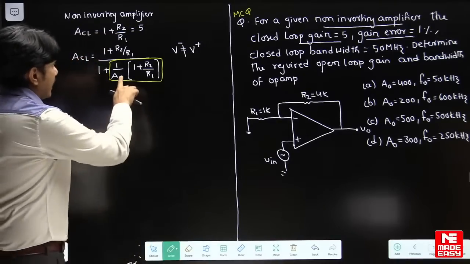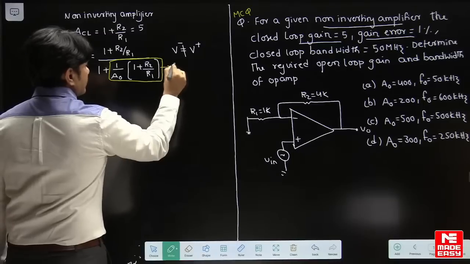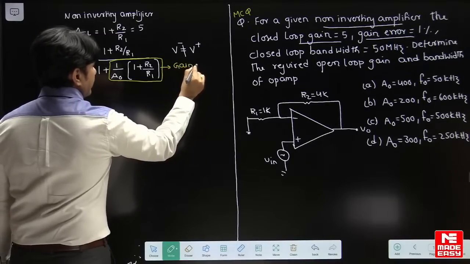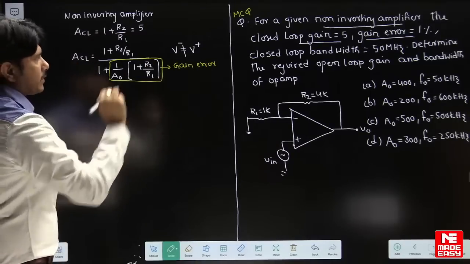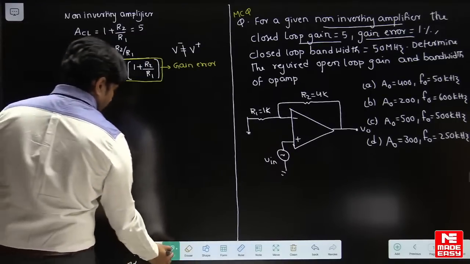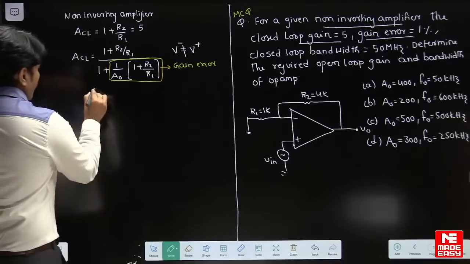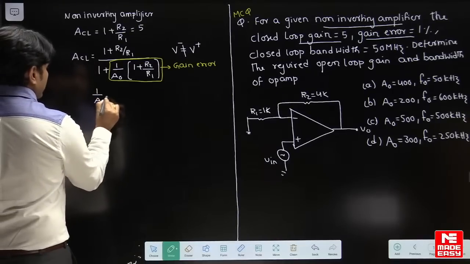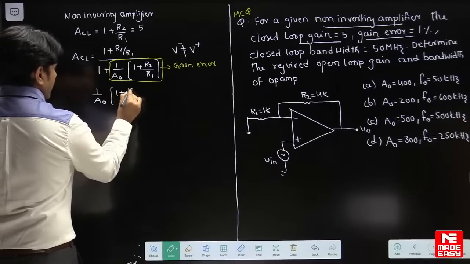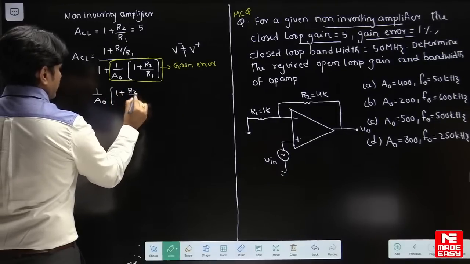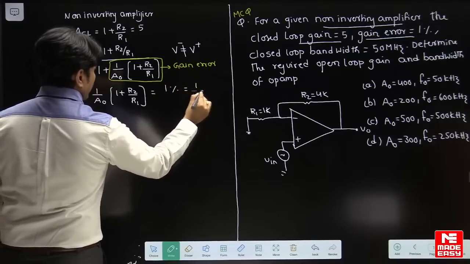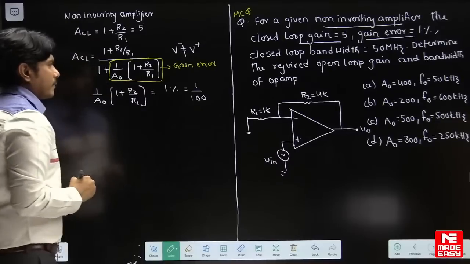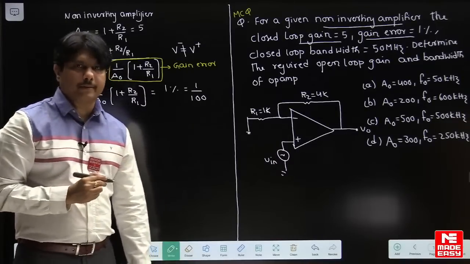By open loop gain, we are getting some error, and that is given as 1%. So I am writing here 1 by A naught into 1 plus R2 by R1, which is equal to 1%, which is equal to 1 by 100.